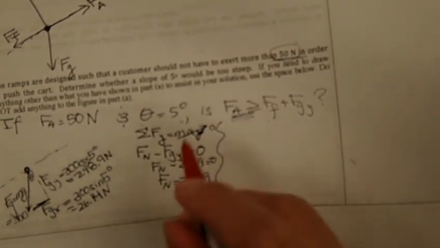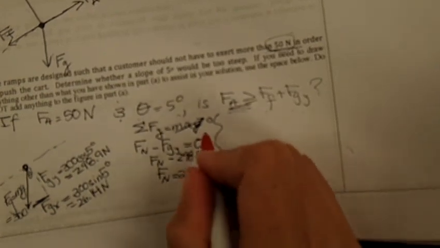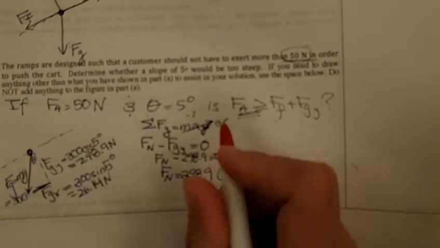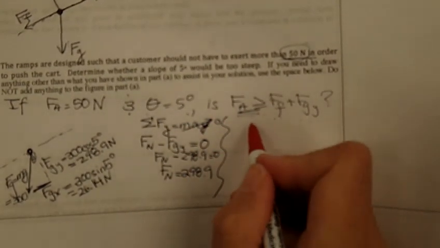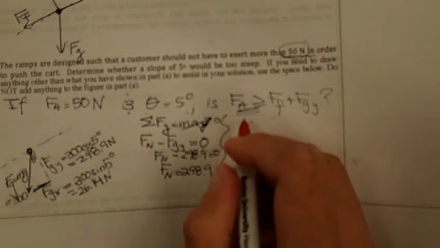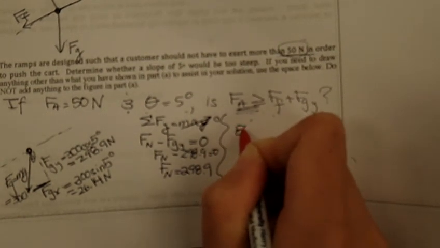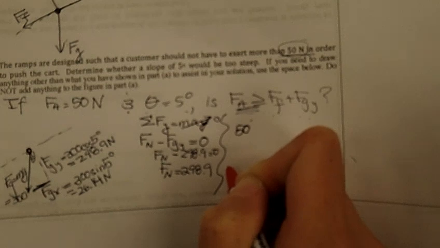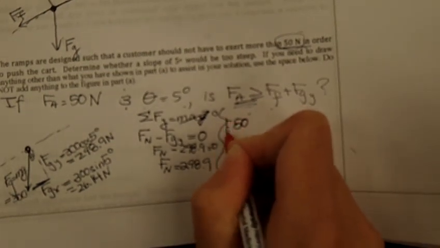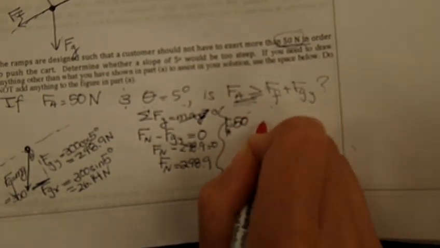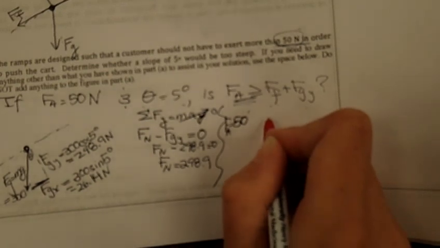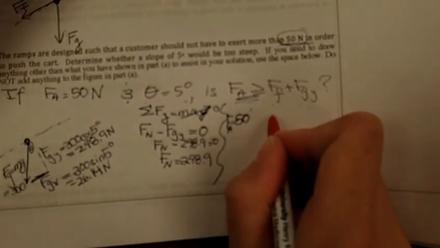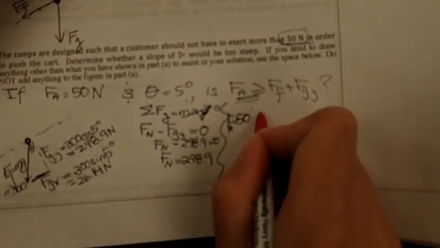Okay, in the x direction, we don't actually have to calculate the acceleration. We just need to test out. So we know Fa is 50. Okay, we need to know what is the sum of the force of friction and Fgx.